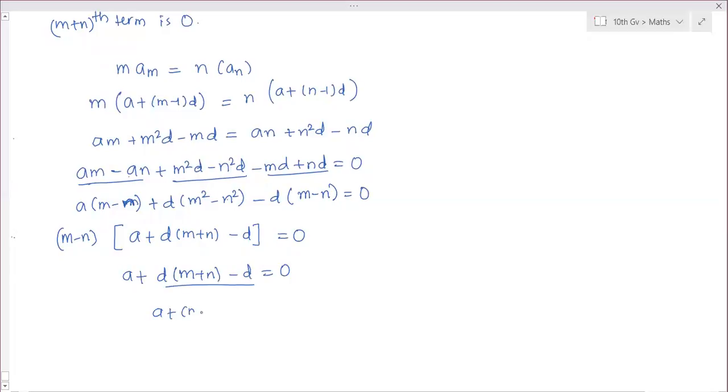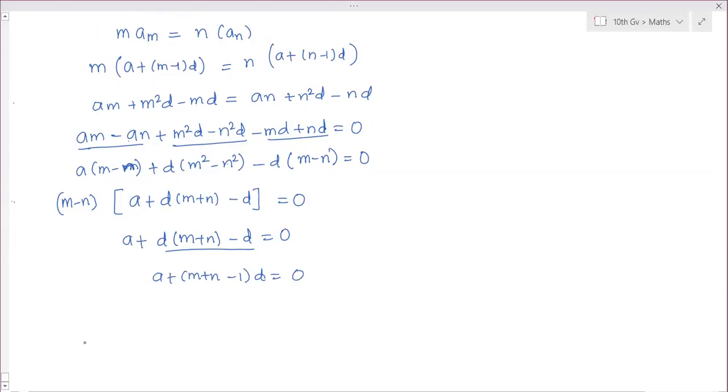A plus m plus n minus 1 into d is equal to 0. Consider this as equation 1. And what they have asked, m plus nth term. A m plus n is equal to a plus m plus n minus 1 into d. And value of this already we have got as 0. So m plus nth term is 0.